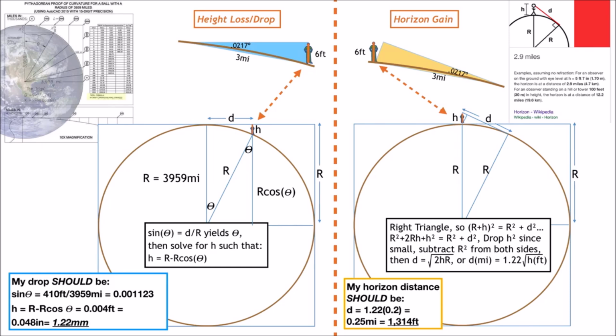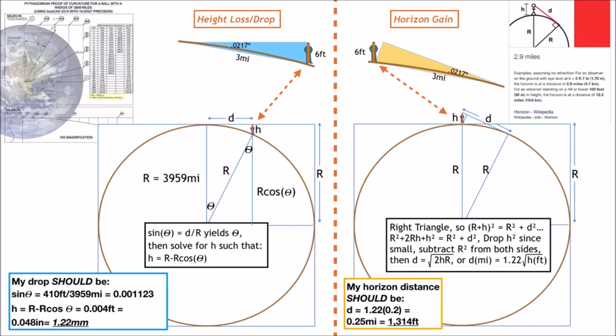And so the drop essentially should be about 0.004 feet, or about 0.048 inches, which comes out to about 1.22 millimeters. And if you know how big a millimeter is, that's extremely small. And we are definitely far more than 1.22 millimeters with that light above the water.